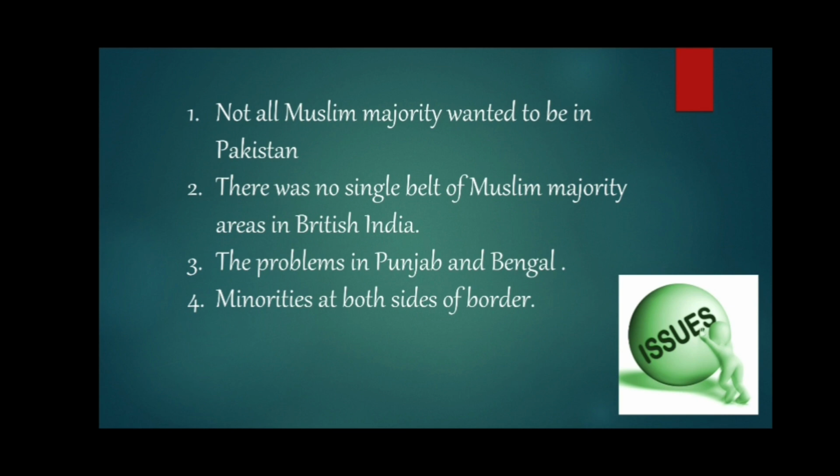Now the fourth and the toughest problem to deal with was the minorities on both sides of the border. Lakhs of Hindus and Sikhs in the areas that were now in Pakistan, and an equally large number of Muslims on the Indian side of Punjab and Bengal, found themselves trapped.